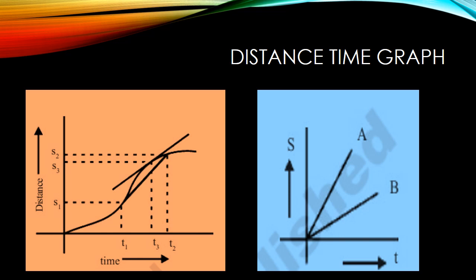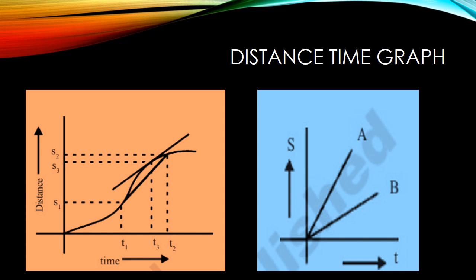If you observe another graph, a time and distance graph, at a point A the distance traveled is more. If you draw perpendiculars from this point towards the x-axis and the y-axis, you can observe that for A it took very little time, and for B it took more time.